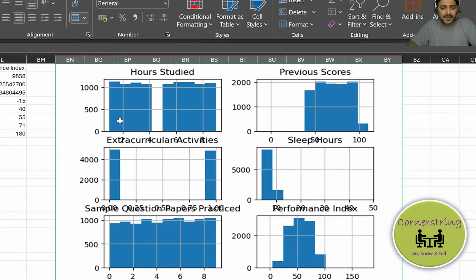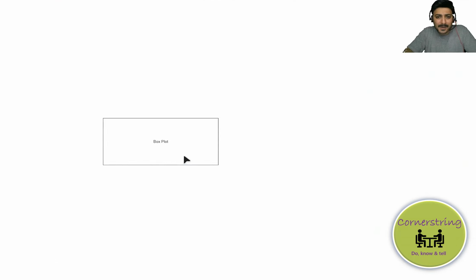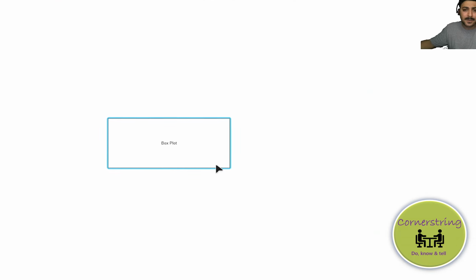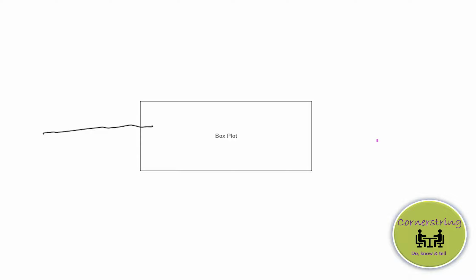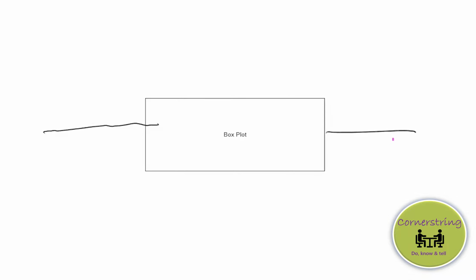Just to simplify, guys, let me give you one example here. We use the box plot in order to see the spread distribution of the data, where the median stands, and what the IQR value is, right? So in the box plot, sorry for my bad drawing here, this is the maximum value, this is the minimum value, and this is the median.